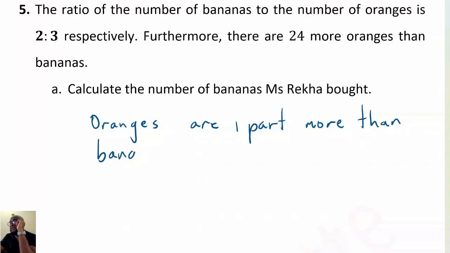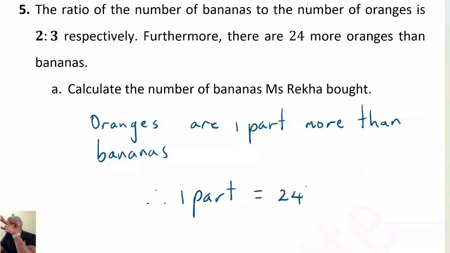So all it says is that 1 part is equal to how many more oranges? 24. So 1 part is equal to 24. The mission is to find out what 1 part is, right? Once I find what 1 part is, then I can find anything.